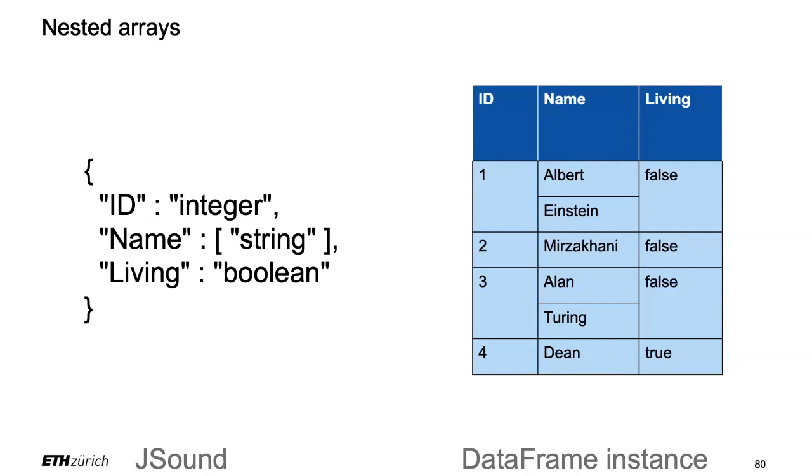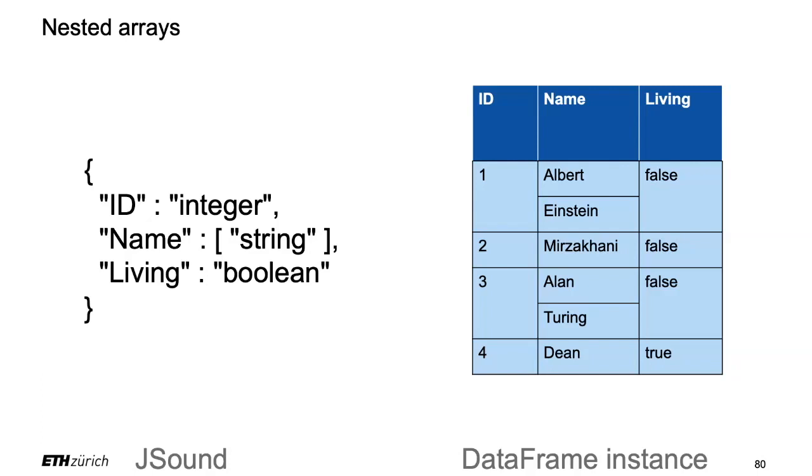Well, it's because of this name that is an array of strings. Now we have nestedness. We are nesting an array inside the object. And we can still draw it with vertical and horizontal lines. Because of this schema, we know it's always an array of strings. So we can just represent these strings in each array as a vertical list like this. So this is why we can draw the data frame as shown on the right.